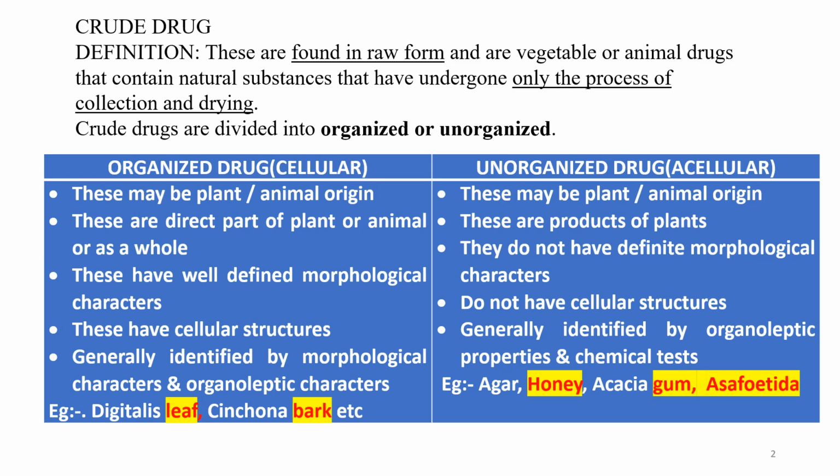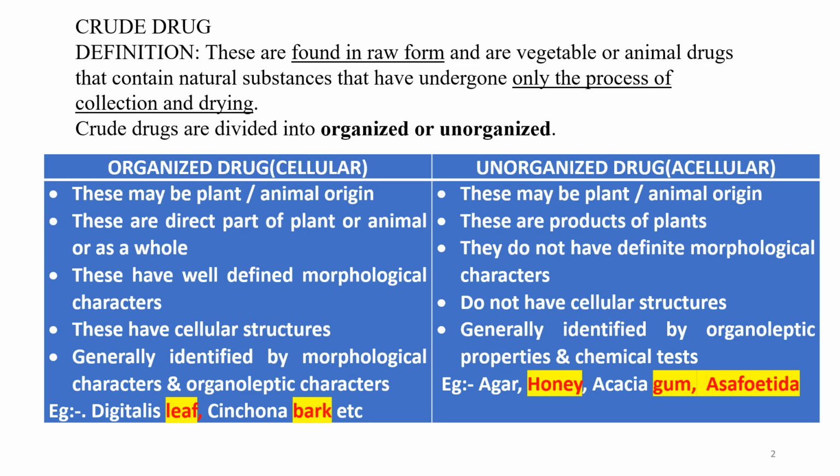Organized drugs have a cellular structure. Unorganized drugs do not have any cellular structure, like gums, honey, and so on. Organized drugs are generally identified by morphological and organoleptic characters, and unorganized drugs are identified by organoleptic characters or chemical tests.